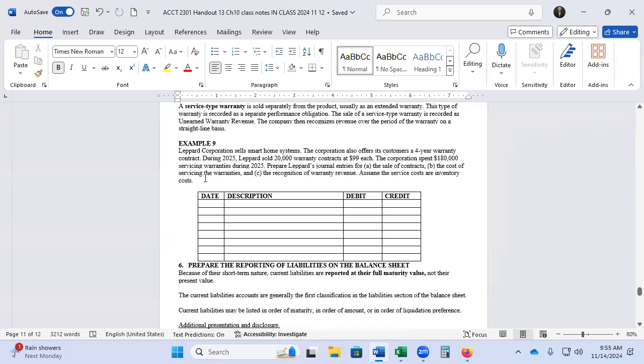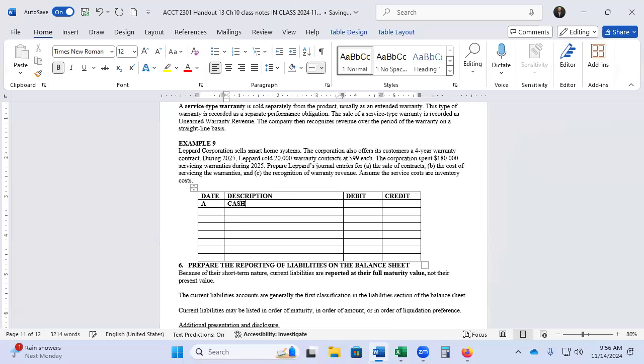So let's take a look at example 9. Leopard Company sells smart home systems. The corporation also offers its customers a 4-year warranty contract. During 2025, Leopard sold 20,000 warranty contracts at $99 each. The corporation spent 180,000 servicing warranties during 2025. Prepare Leopard's journal entries for the sale of contracts. So we can do the first one first.